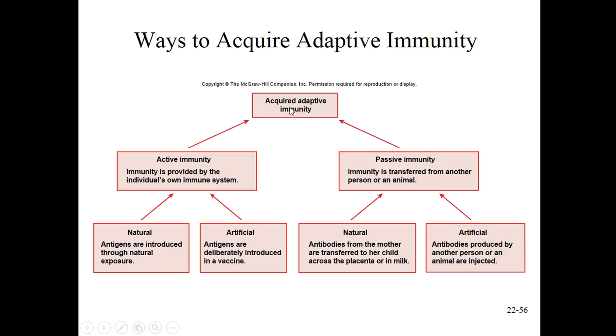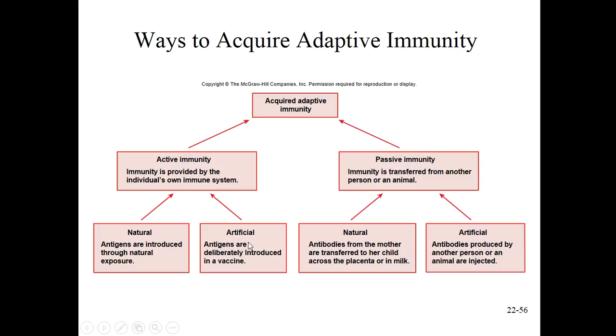Artificial active immunity is really vaccines, right? Immunizations, whereby the antigens are deliberately introduced to the body. Now, most of the time, of course, we don't actually want to get our patients sick, so most of the time they use a broken virus, or they just isolate the ID tag so that the vaccine is incapable of giving the patient the actual illness, and yet the body responds to that antigen in the same way, and so the kid is immune to the thing.